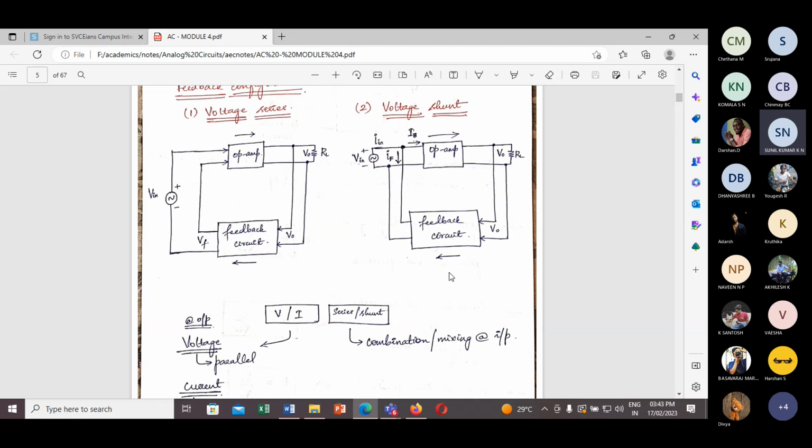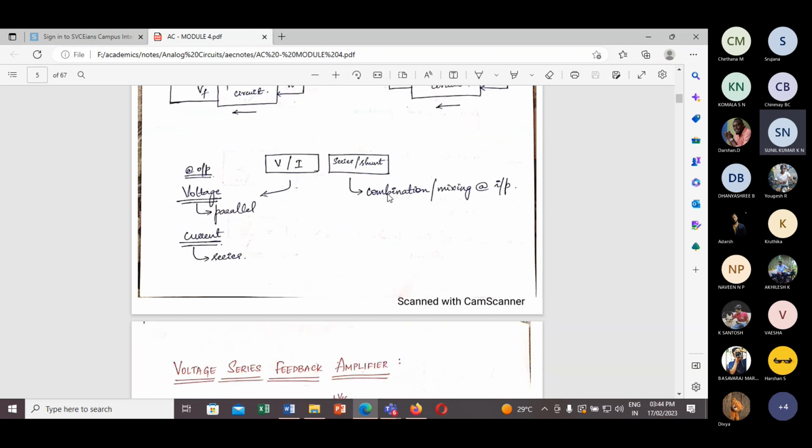For this typical example, you have to consider the inverting amplifier of the op amp, wherein the input signal is current and the output is a voltage. Whereas for a voltage series configuration, the input is also voltage and the output is also voltage, that is a non-inverting amplifier configuration. Voltage series means non-inverting amplifier. Voltage shunt means inverting amplifier, as an example.